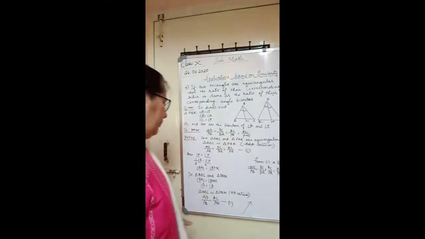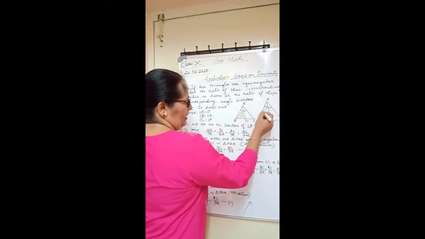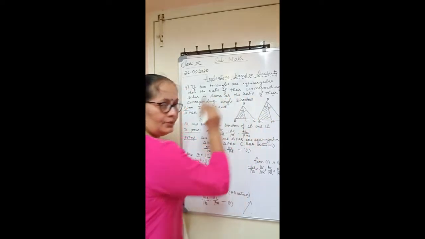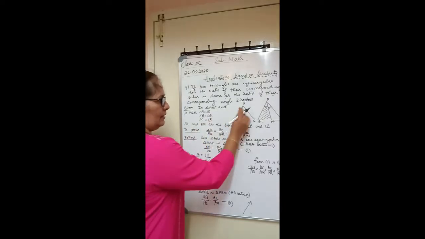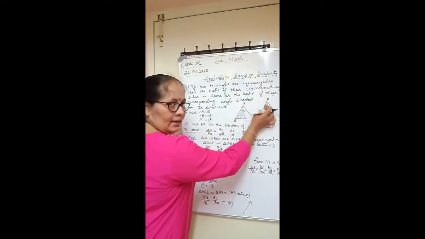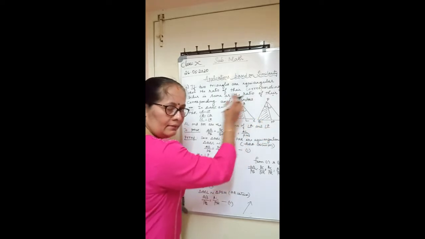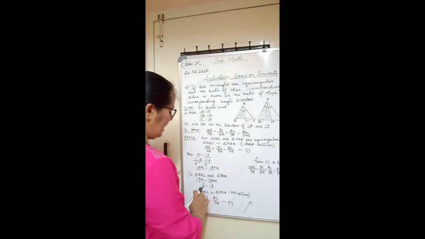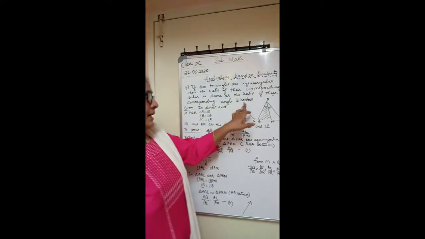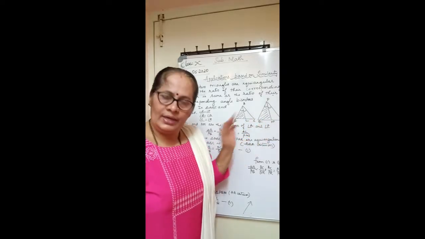Now take these two triangles ABL and PQM. In these two triangles, this angle and this angle are equal, and angle B equals angle Q, already given. So by AA criterion, triangle ABL is similar to triangle PQM.